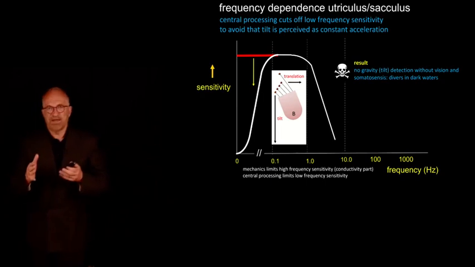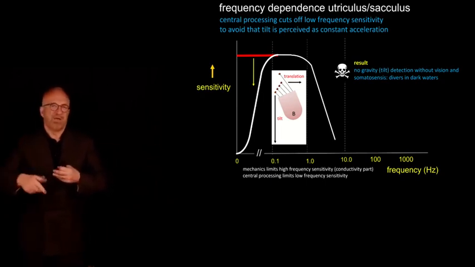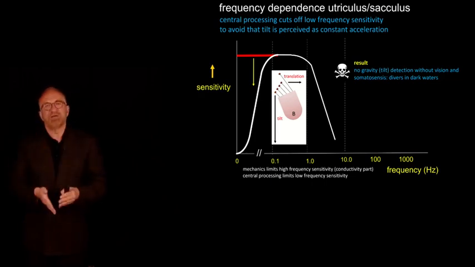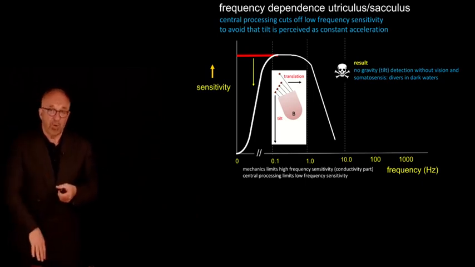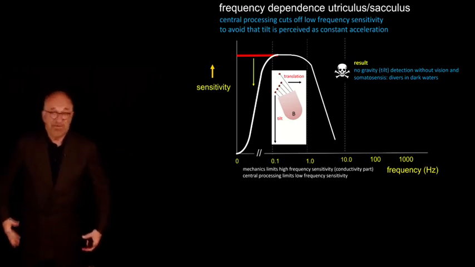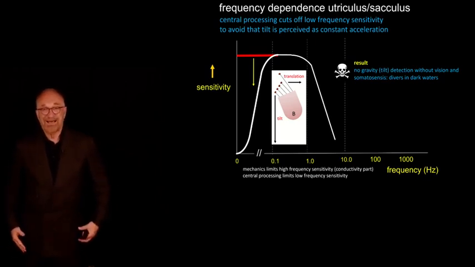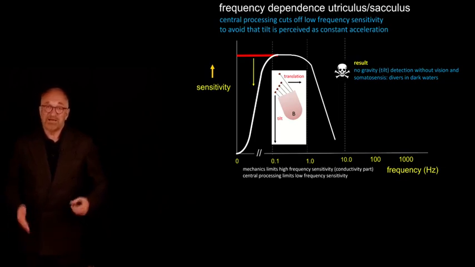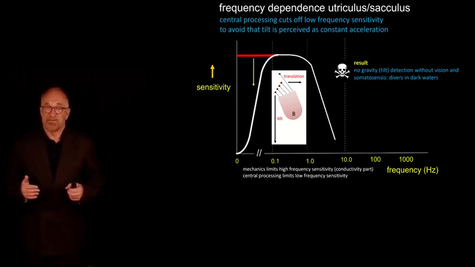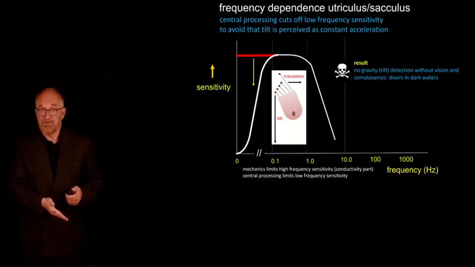So to avoid that, the brain, getting information also from our other sensory systems, tries to reduce that sensitivity in this condition. But the effect is that, for example, when you are diving underwater and you don't see the surface, and you don't feel any different pressure in your feet and your head, the labyrinth cannot tell you during the slow movements underwater where gravity is. The sensitivity for low frequencies is reduced for the gravity factor.